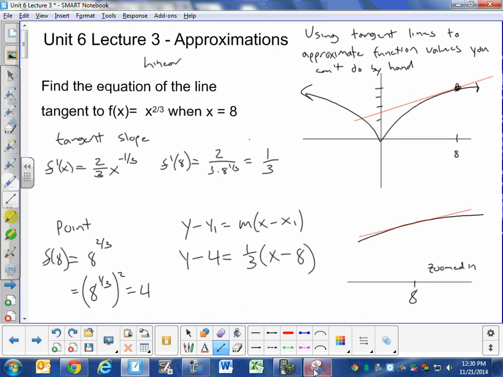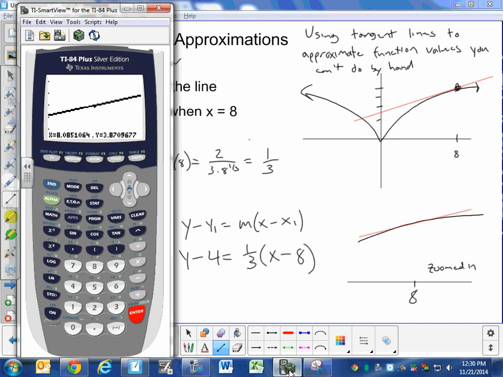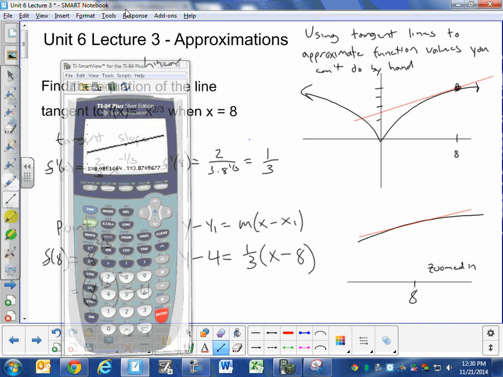Well, what do we notice about my function and its tangent equation when I zoom in around the point (8, 4)? Yeah, it's pretty much the same. And we will use this fact to help us approximate function values of x to the 2/3.